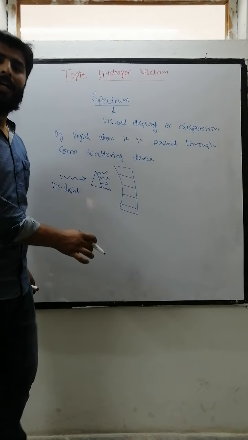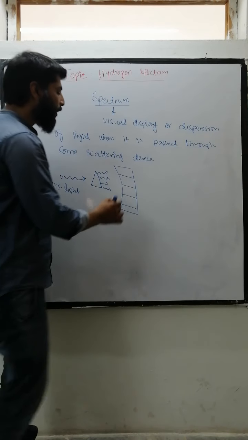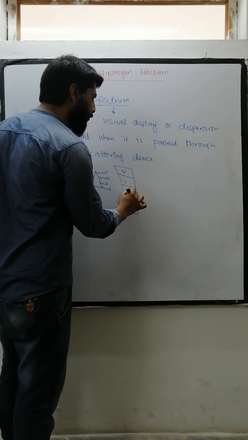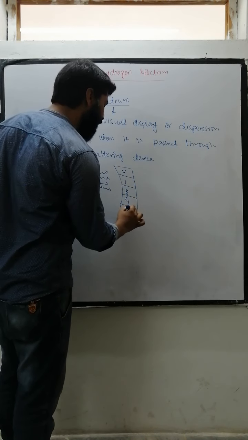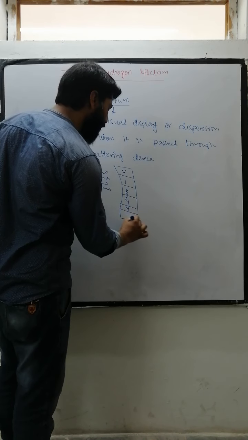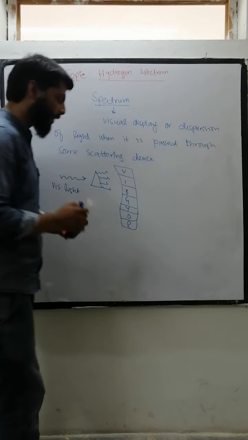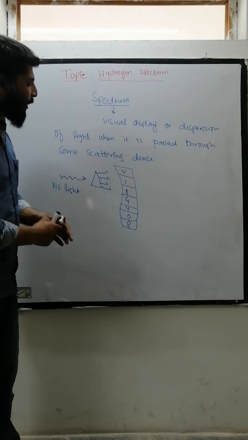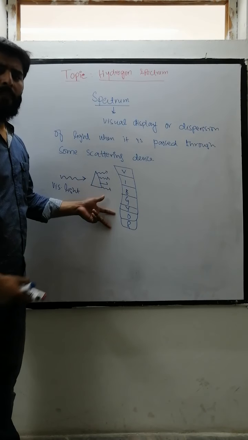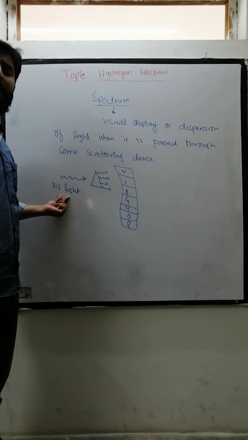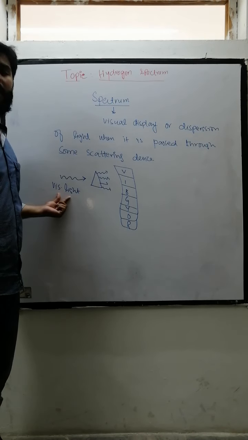For example, you have violet, indigo, blue, green, yellow, orange and red. These are different wavelengths which are obtained by the scattering of the main wavelength, the main energy, which is visible light.